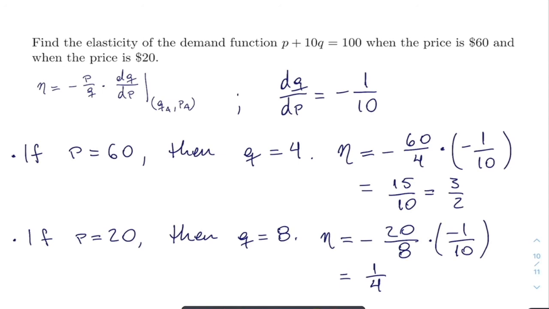When the elasticity of demand is greater than 1, so in this case 3/2 is greater than 1, we say that the demand is elastic. When the elasticity is less than 1, we say that the demand is inelastic.